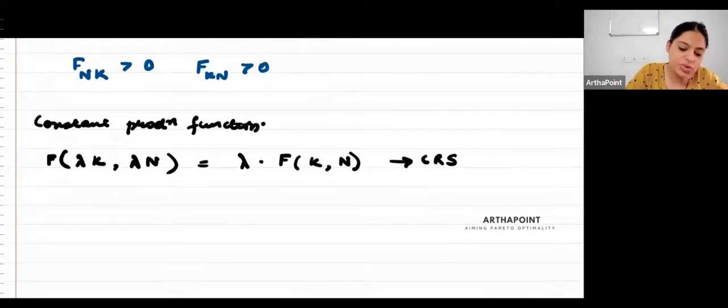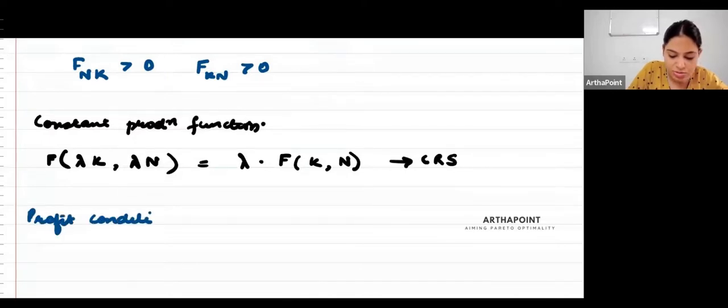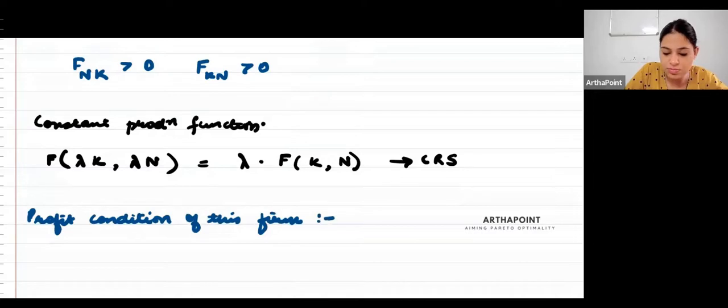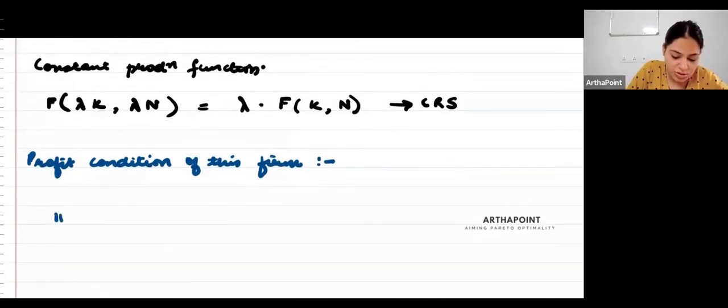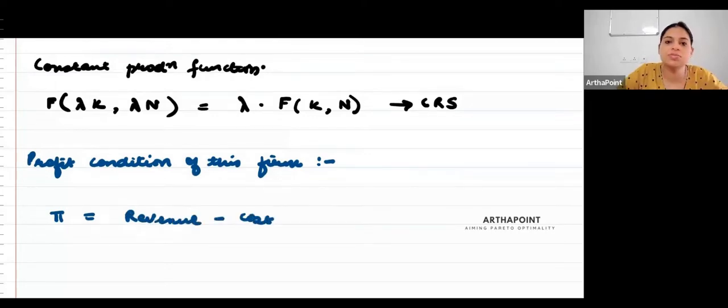Then let us go ahead and write down the profit condition of this firm. So for this firm, the profit can be given by revenue minus cost. Revenue is price into quantity.